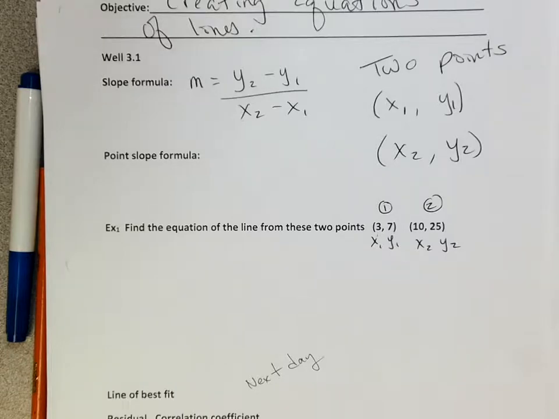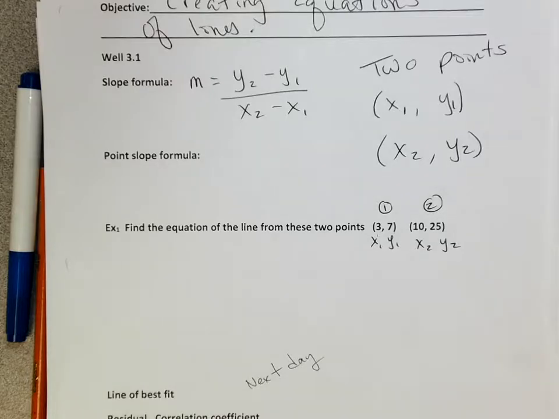So how does the formula work? Well, y2 is 25, so it's going to go there, okay? y1 is 7, it's going to go there. x2, that's the 10, it's going to go there. x1 is the 3, it's going to go there. So let's plug the numbers in and simplify.